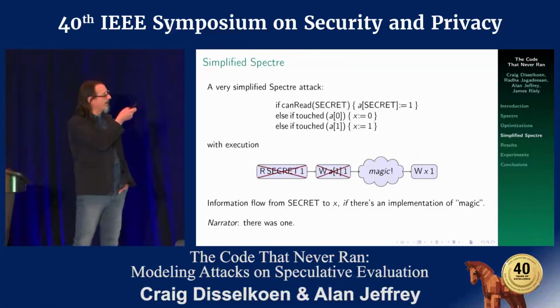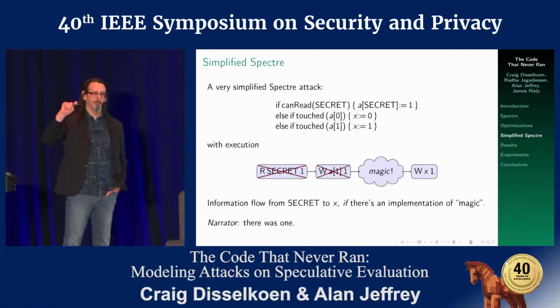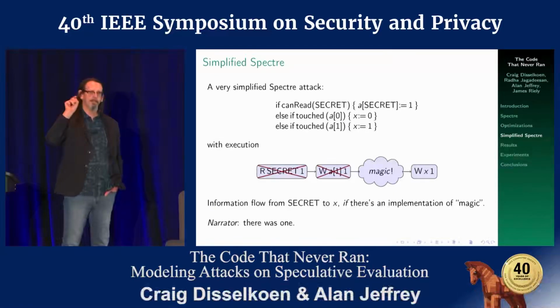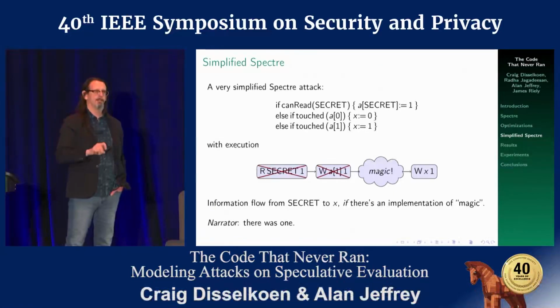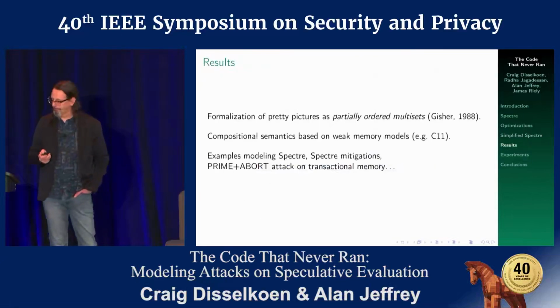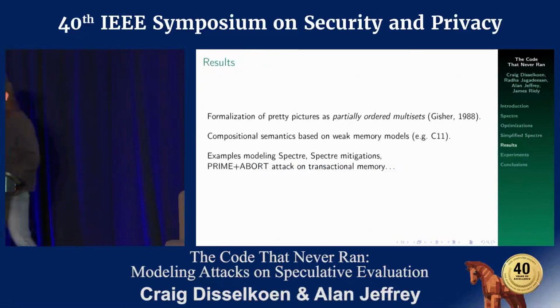Now the advantage of having the high-level model is that we can reason about the ability to detect whether an area of memory has been touched without having to reason about the low-level timing and cache behavior that actually makes that implementable.